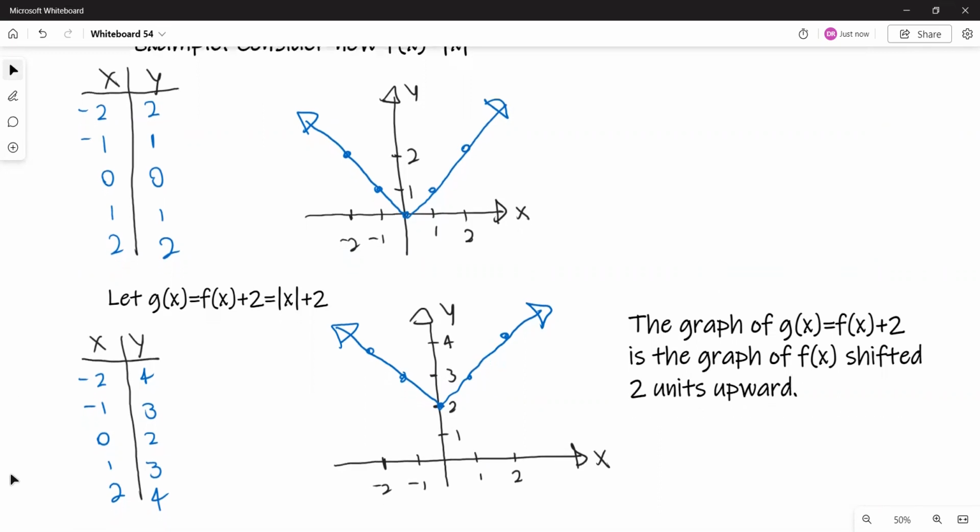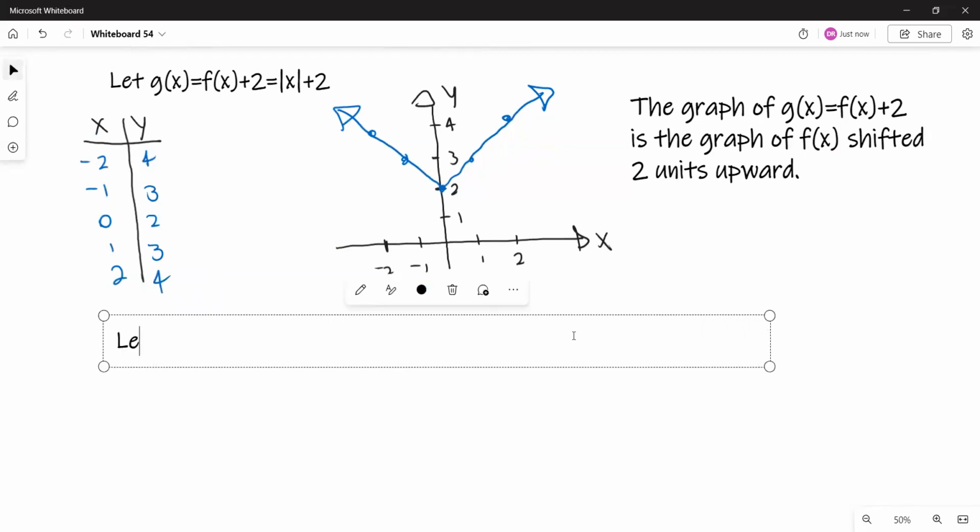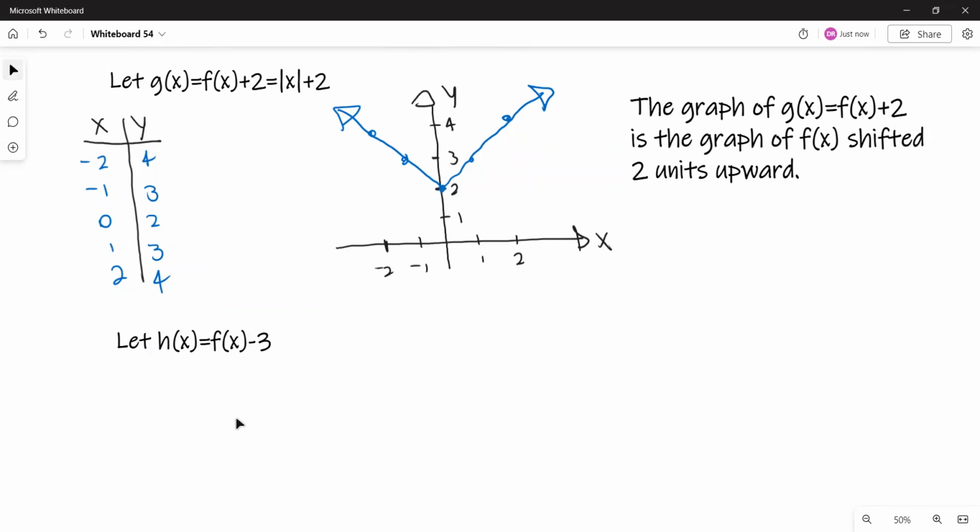And one more example. Let h of x be f of x minus 3. So now we're going to subtract 3 from each y value.